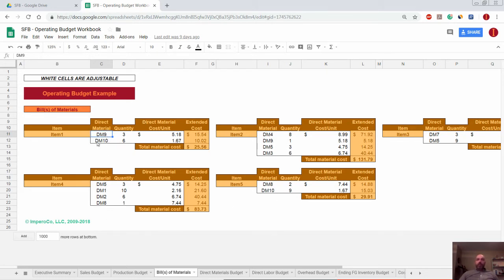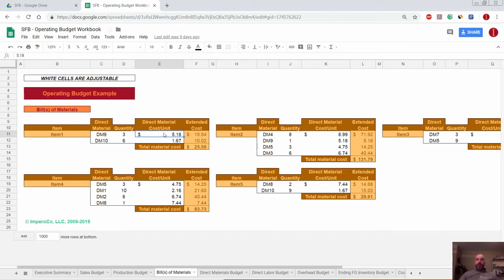They're all separate item numbers, product numbers, SKUs, whatever you're going to call them. Then each has a quantity and an expected cost per unit. Okay, so this is our standard cost. Standard, expected, budgeted, these terms are all synonymous. This is on average what we're planning to spend for direct material 9 over the course of the year.